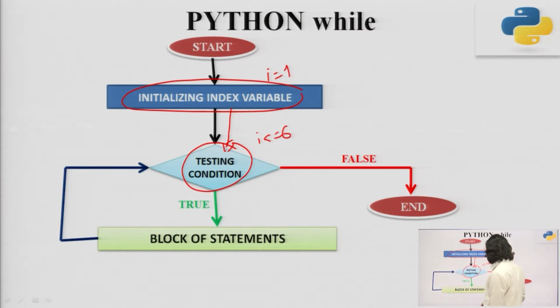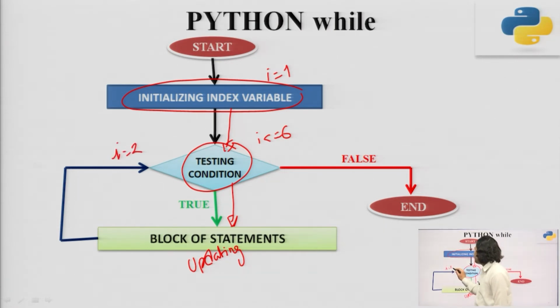If this condition holds true, the execution of the block will take place. Now, in this block of code the updating statement must be there, because in the block of code I is equal to I plus 1 is there. So, due to this the I value becomes 2 and so on, until the I becomes 7, and it exits the loop because of this false condition.